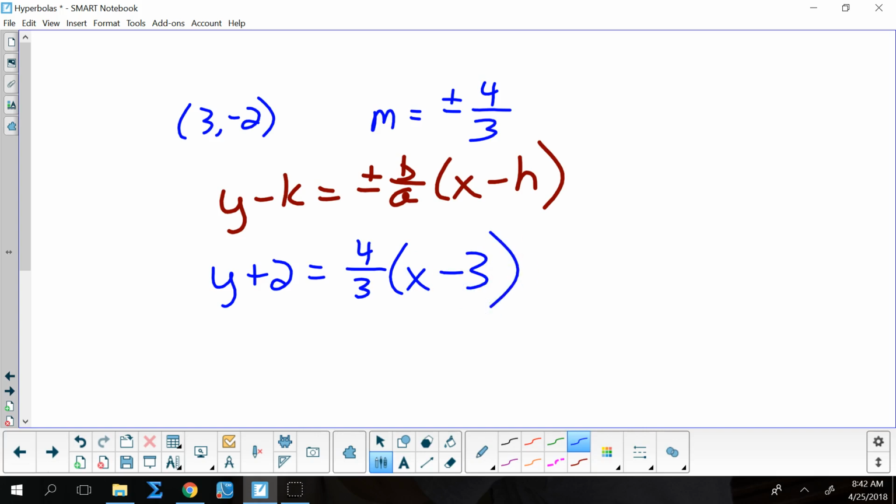Now we had just gotten this one as negative 6, correct? As my y-intercept. So y plus 2 equals 4/3 x. 4/3 times negative 3 is negative 4. Subtract 2 from both sides.